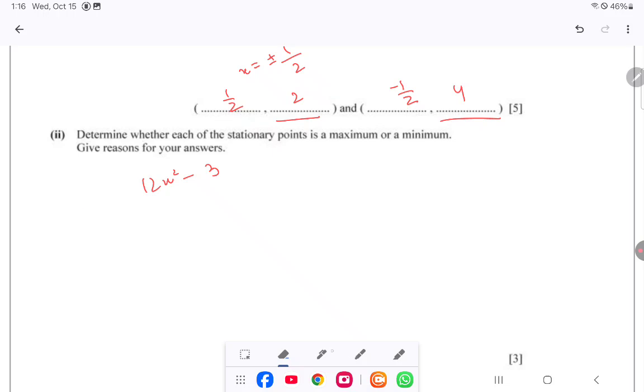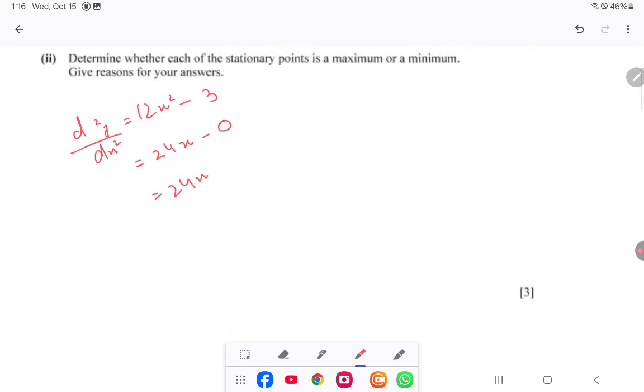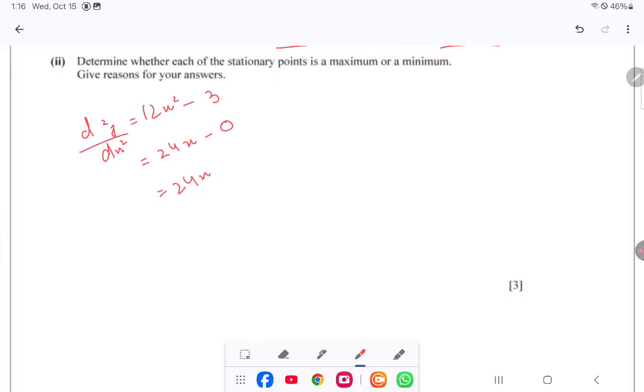Now the second derivative, d squared y over dx squared, is equal to power multiplied by the coefficient, 24x, and the derivative of the constant is 0. It will only be 24x. Now put the values of x that we calculated.